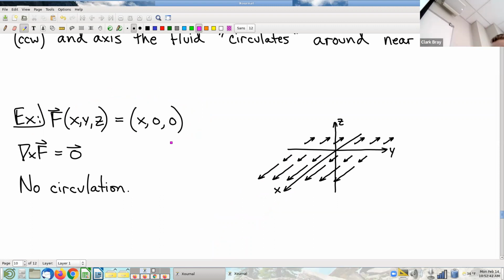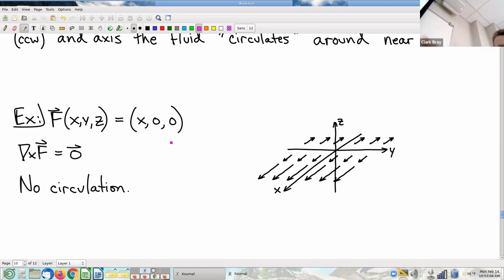Or if I were to have a perfectly balanced balloon that I just kind of waft into, if this represents air that's flowing and I toss a balloon into there, is that balloon going to be made to start spinning around in some direction? Not really.